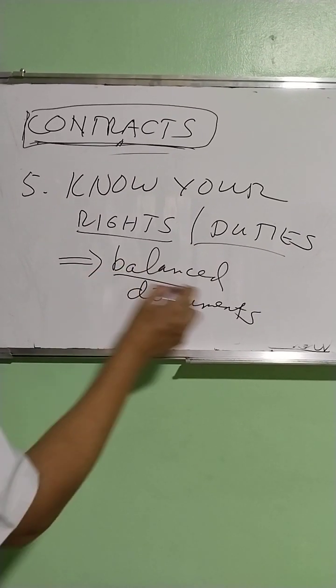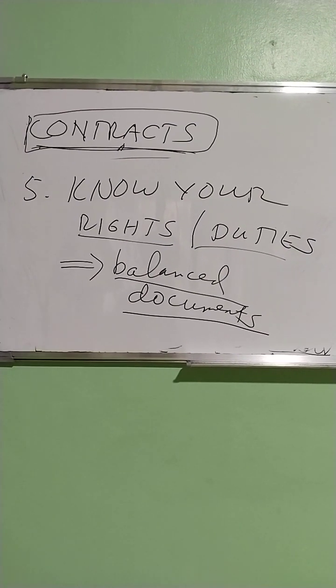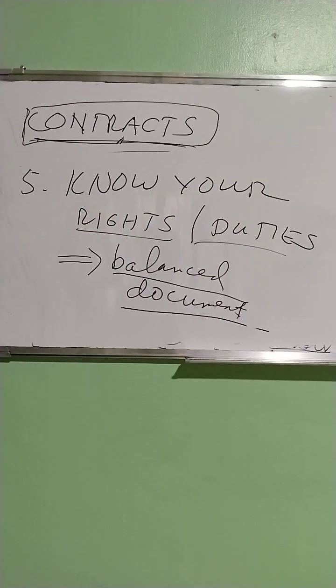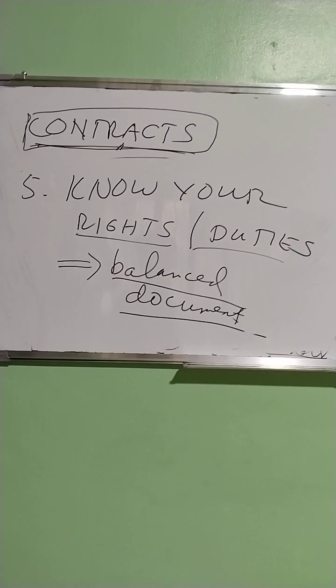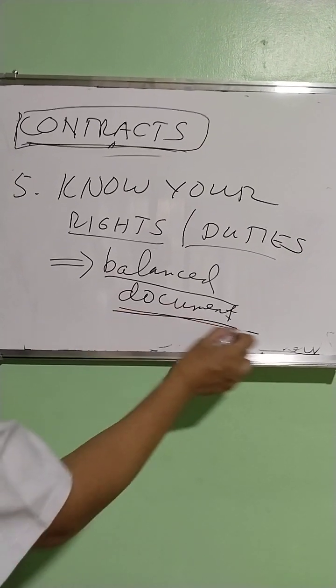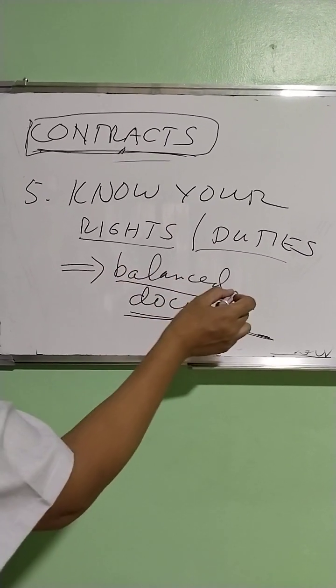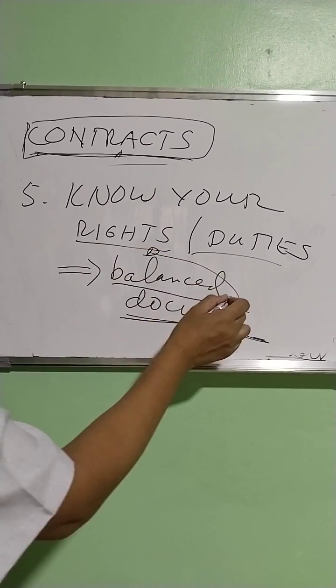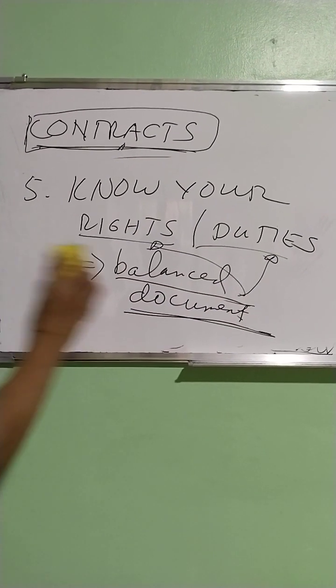When I talk of a balanced document, of course, no one is aggrieved by the other party. It has to be a balanced document, specifying your rights and also your duties to that contract.